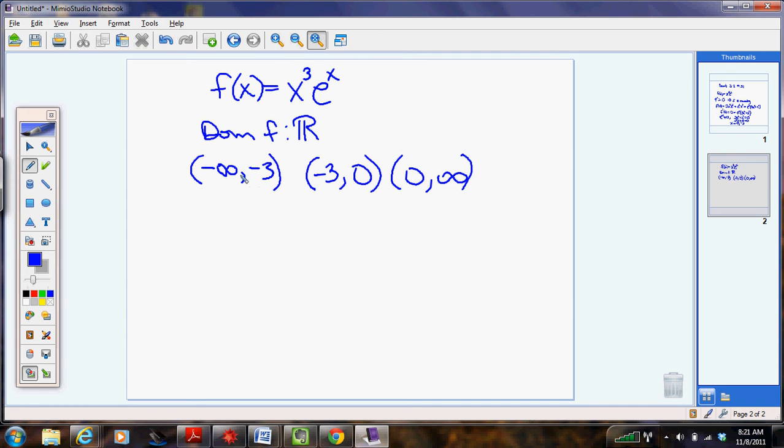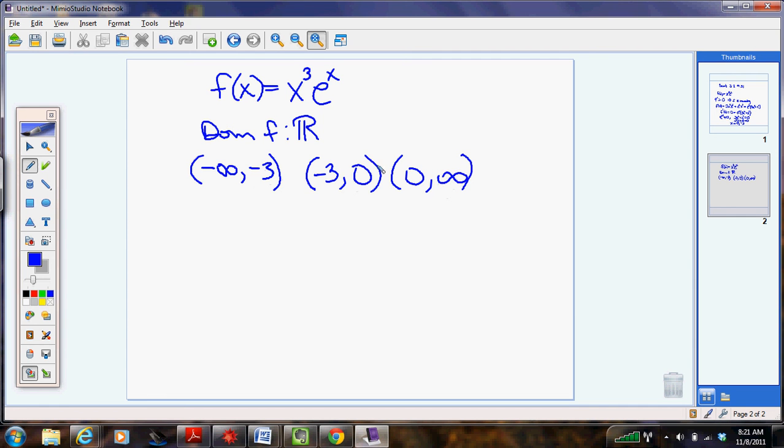Because, by the intermediate value theorem, if f prime happened to be positive and negative on this interval, then f prime would have to be 0 on this interval, provided f prime is continuous, and knowing the properties of exponentials and polynomials, it is going to be continuous. So there's no way that there's going to be any other zeros in any of these intervals if I've done my work correctly.